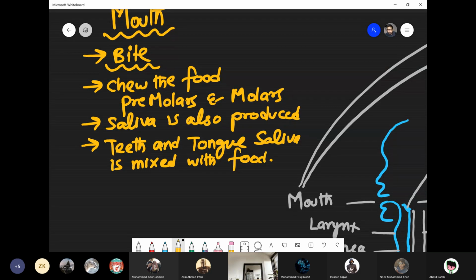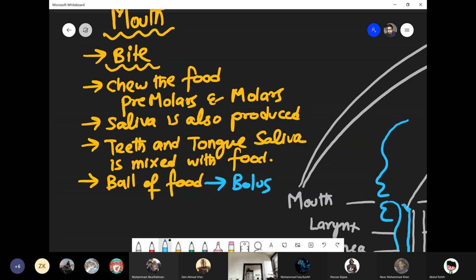Now, boys, when this saliva is mixed with the food, the bite changes into a soft ball of food, and that soft ball of food is called as bolus.